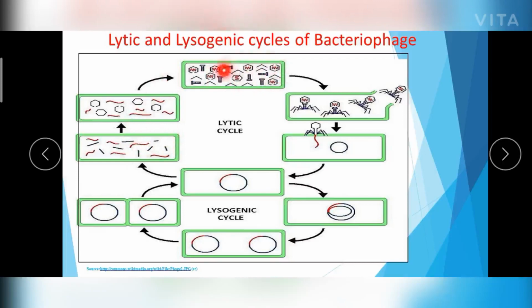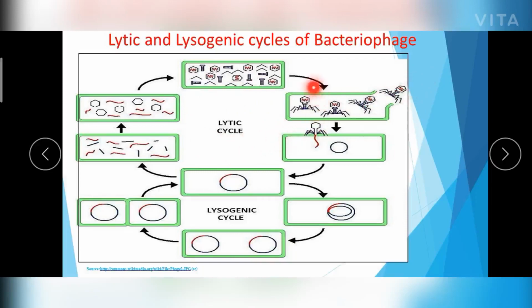The DNA and the proteins get assembled to form complete viral particles in the bacterial cell, and afterwards these particles break the bacterial cell wall, so the bacterial cell gets lysed and the full-fledged viable viral particles are released outside. This type of cycle is called the lytic life cycle.